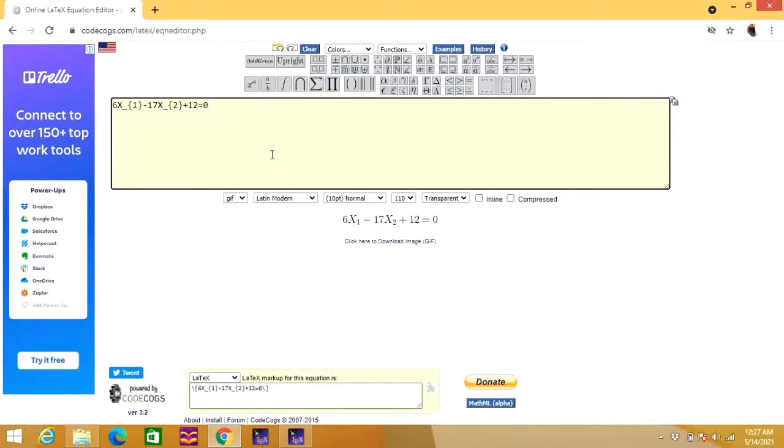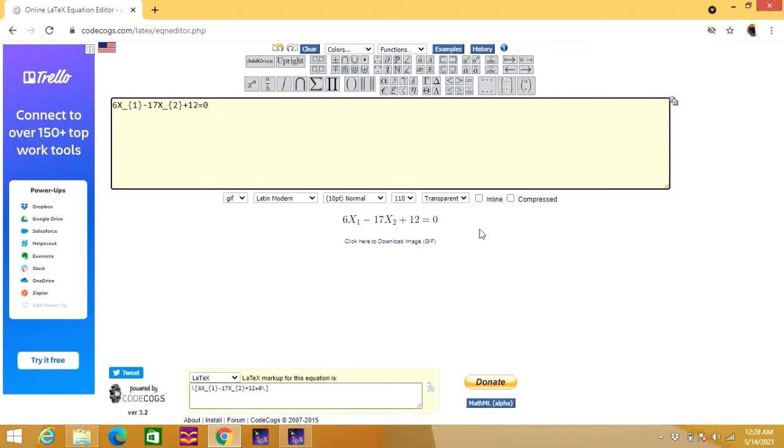Now I used this tool to write this equation as I have shown. Now we need to take this equation to our LaTeX file. So let's see how we can take this equation to the LaTeX file.